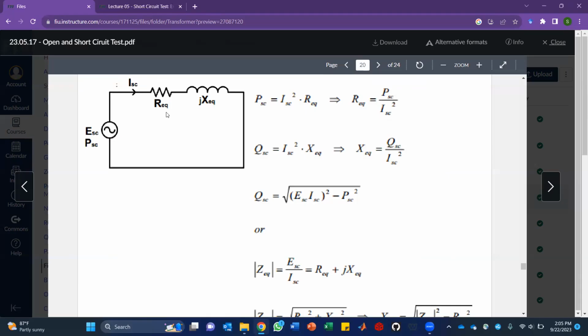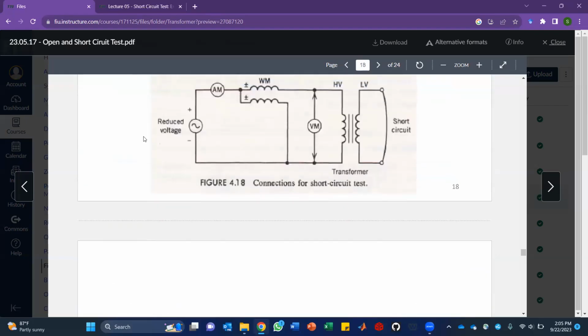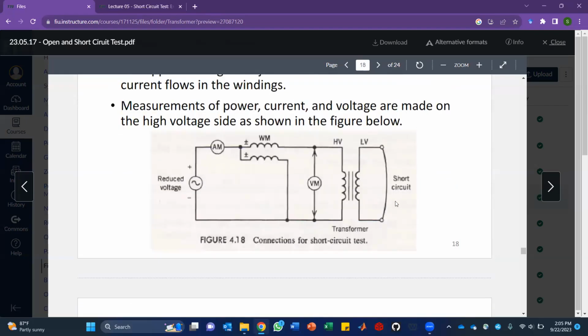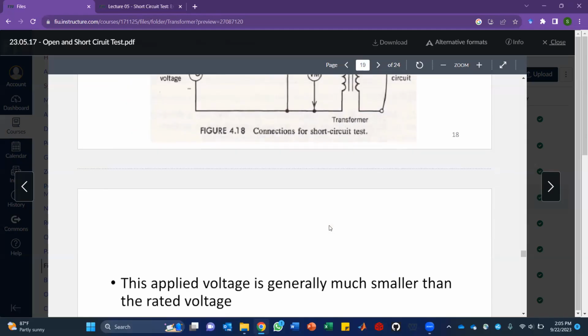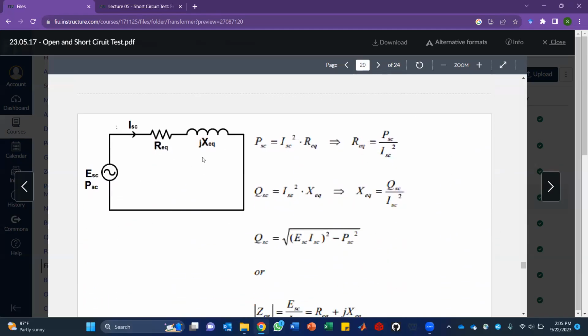This is the equivalent for both primary and secondary. So we can do it from the primary or from the secondary. If we connect the low voltage side to the power supply and short the high voltage side, in that case also the values of R equivalent and X equivalent will be the same.